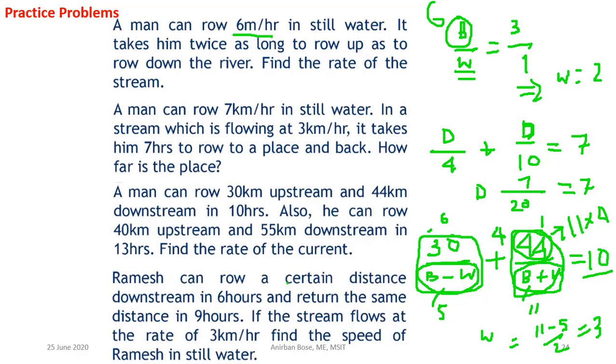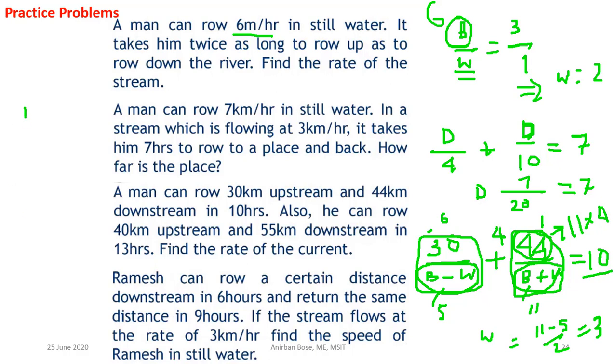Now Ramesh can row a certain distance downstream in 6 hours and return the same distance in 9 hours. Okay, so again the upstream and downstream situation is given. If the stream flows at the rate of 3, find the speed of Ramesh in still water.